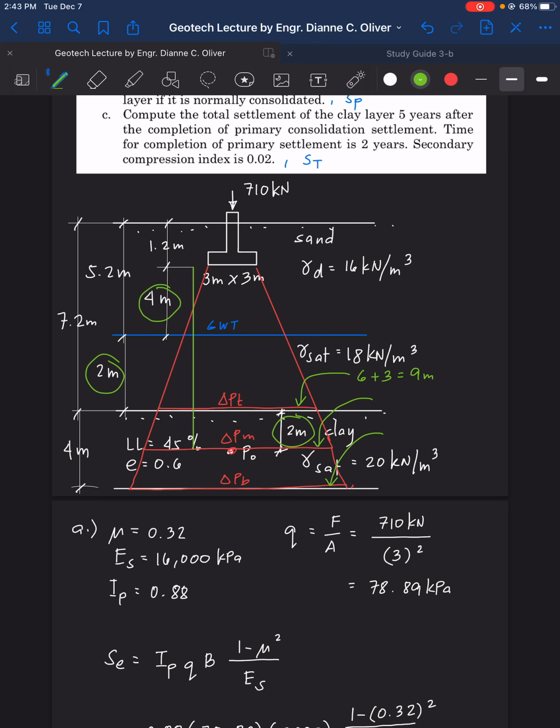So 8 plus 3 equals 11 meters. Then we have the bottom. From the bottom of the footing, we have 4 meters plus 2 plus 4, so 10 plus 3 equals 13 meters.